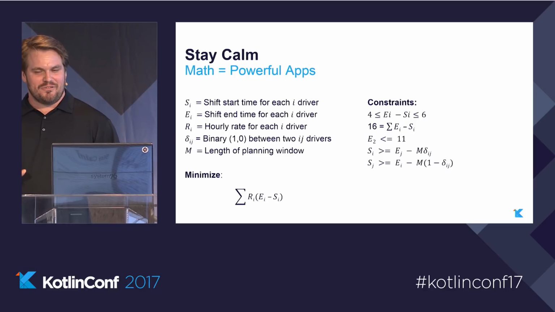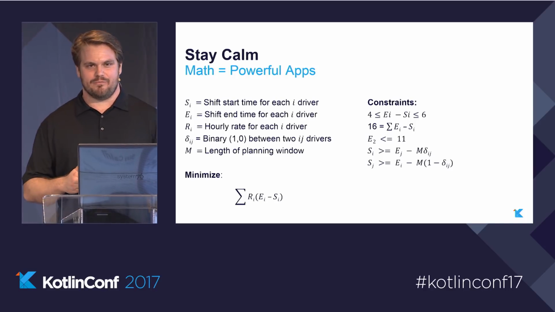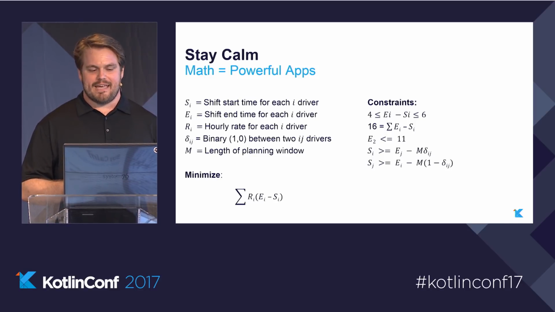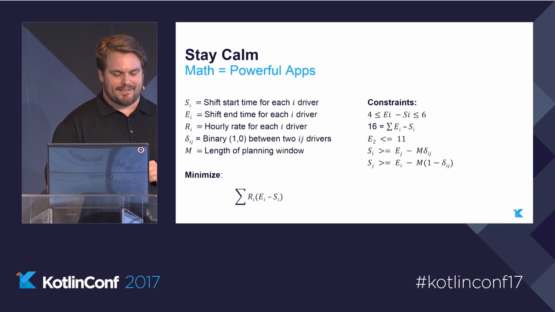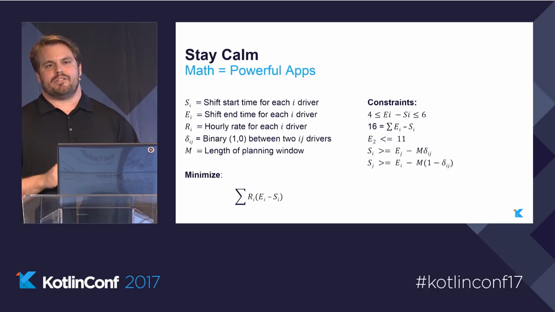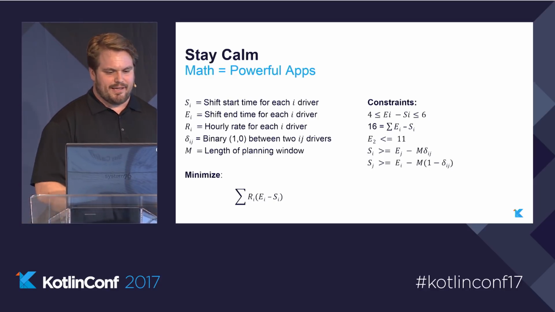So, if you know just some basic high school algebra and you're not intimidated by some Greek symbols, which really are just variables in the programming side in the end. So for example, S subscript i on the far right, this is the shift start time for each driver i. So each driver is going to get their own start time variable. There's also the end time, the hourly rate.